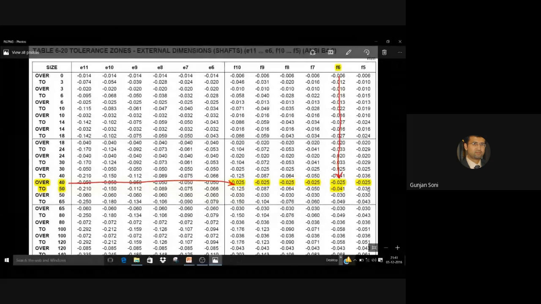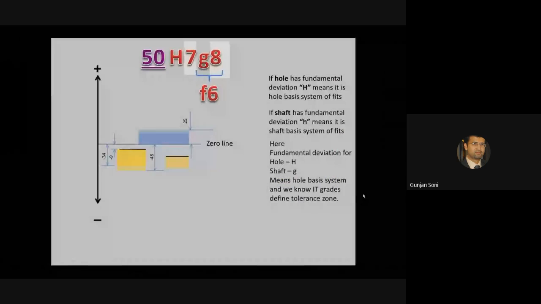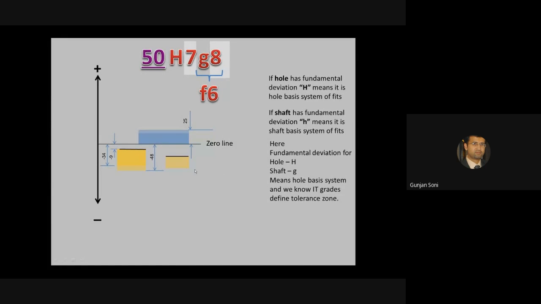As the IT grade increases from 5 to 10: 36, 41, 50, 64, 87, minus 20. All these are changing. So by this chart, you might have understood that in case of shaft, upper deviation is fixed and lower deviation is varying according to the IT grade. And in case of hole, the lower deviation is fixed, and upper deviation is varying according to the IT grade.